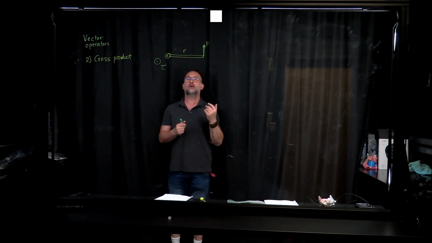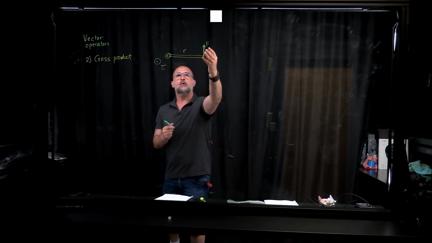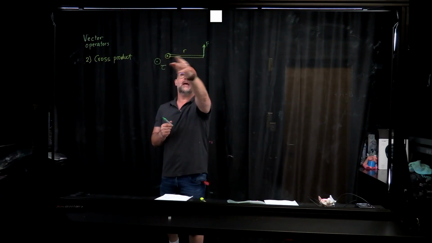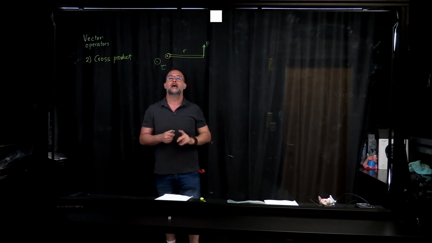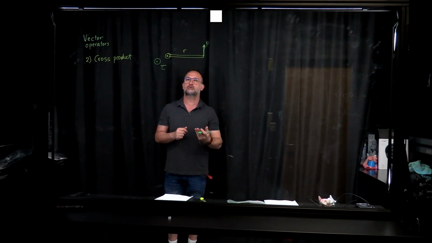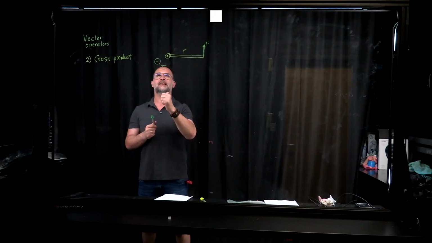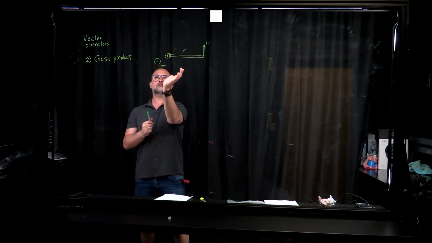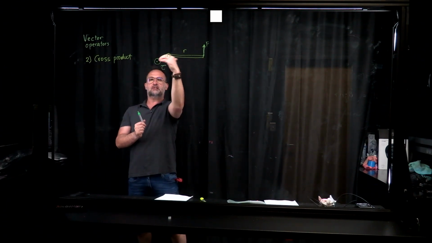So essentially, we're making this rod spin, and the vector that is returned to us is the vector that is telling us that this rod is spinning towards this direction.